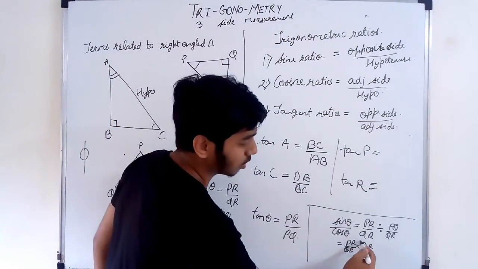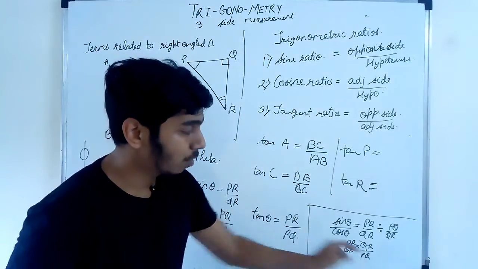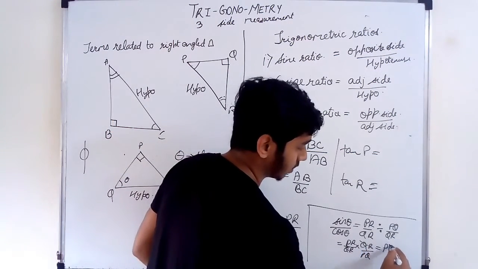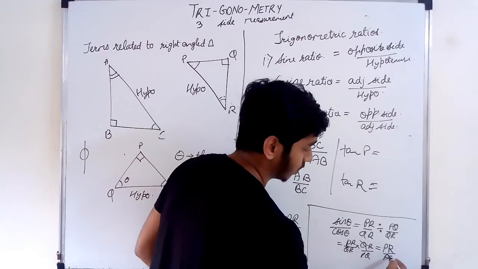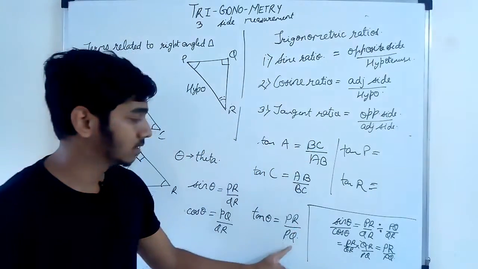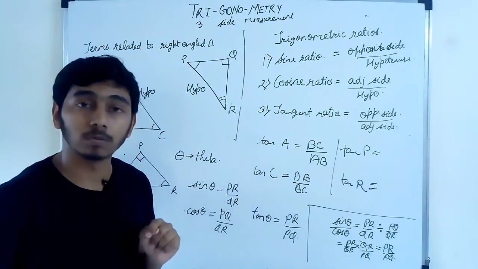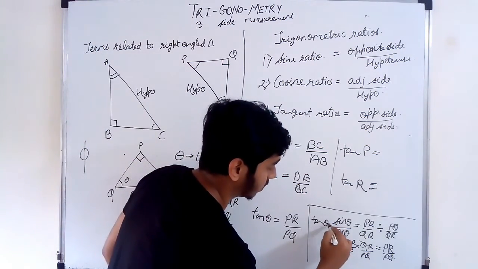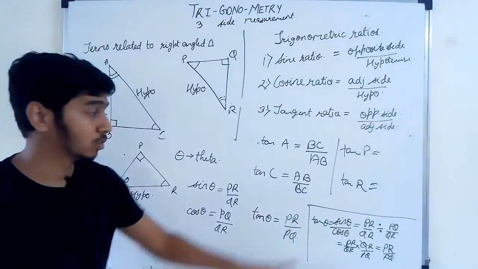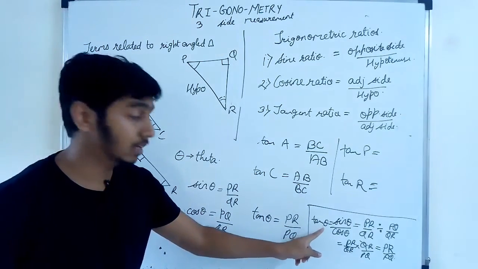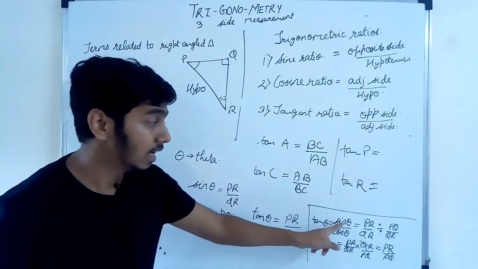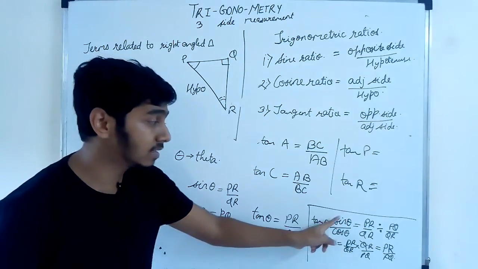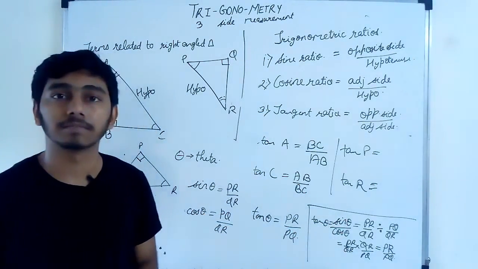QR and QR will cancel, and you get PR upon PQ, which is tan theta. So tan theta is the ratio of sine theta and cos theta, that is, sine theta upon cos theta.